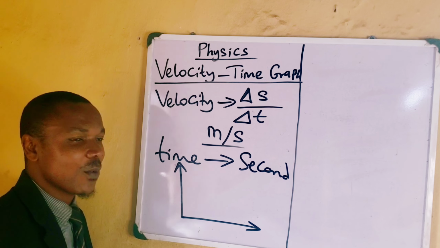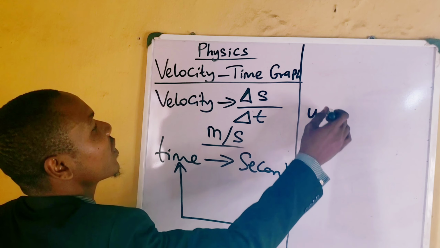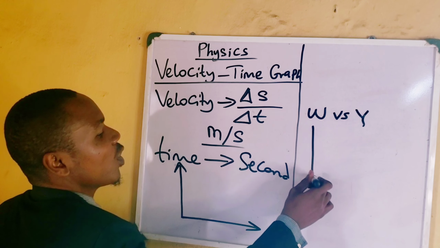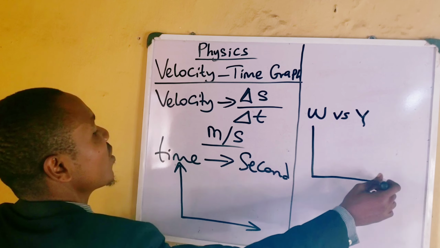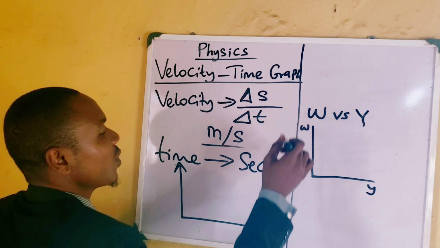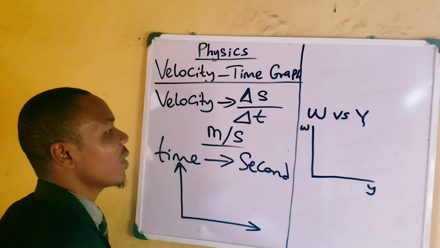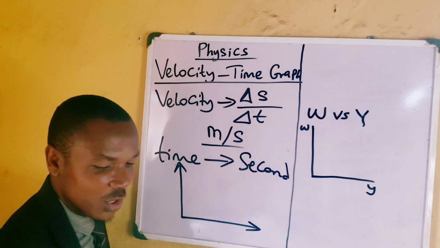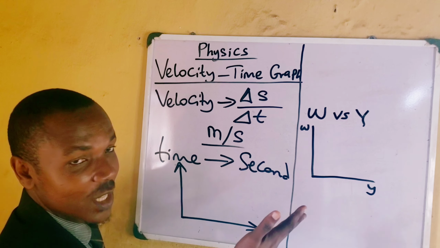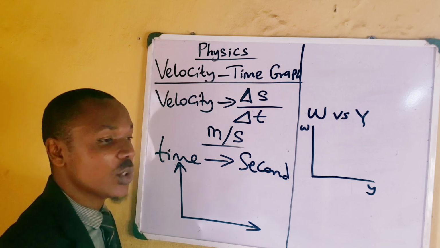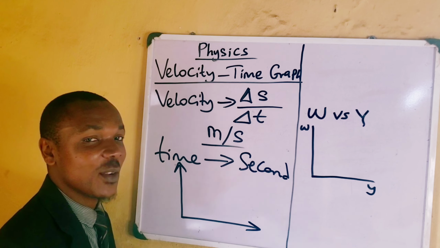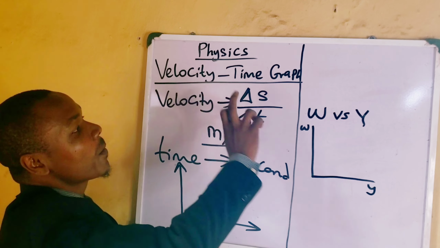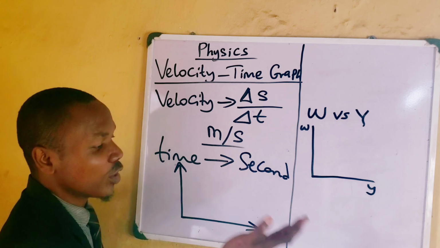So if you have a graph of, say, W versus y, it means that W should be on the vertical axis and y should be on the horizontal axis. Sometimes people find it difficult to know which one goes on the vertical axis and which on the horizontal. But the first one you see should be on the vertical axis, and the second one should be on the horizontal axis.